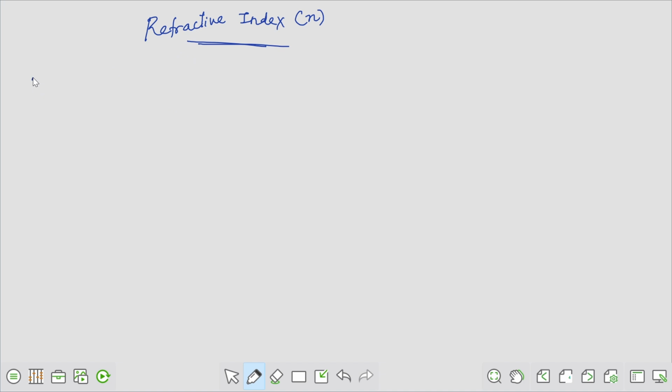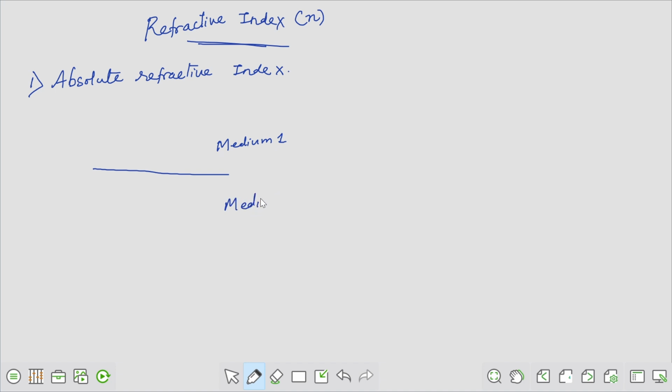Let's learn about the first one, that is absolute refractive index. Again I'm drawing the diagram, an interface separating two media, medium 1 and medium 2. Whenever I say absolute refractive index or simply refractive index, so refractive index is also called absolute refractive index.